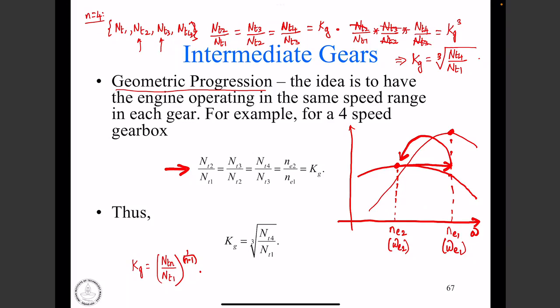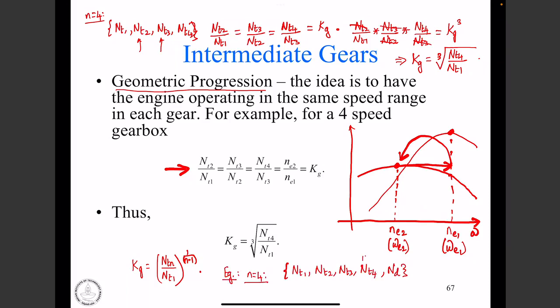If we use a 4-speed gearbox, typically by convention, the 4th gear is taken to be the direct drive. So let us say we have a 4-speed gearbox as an example. When we have a 4-speed gearbox, we need these 5 parameters: NT1, NT2, NT3, NT4, and ND.